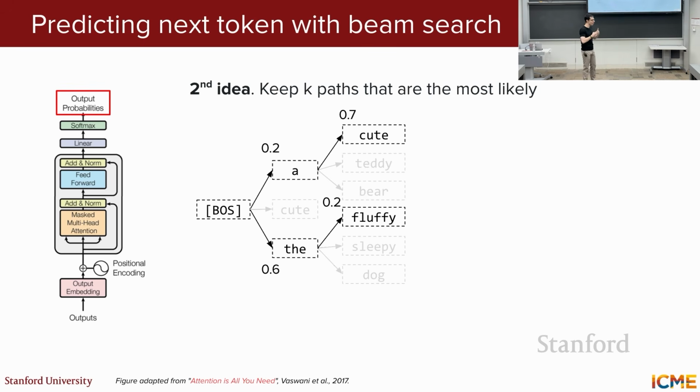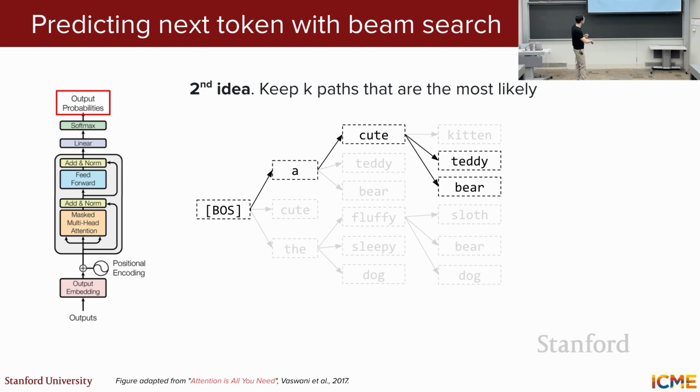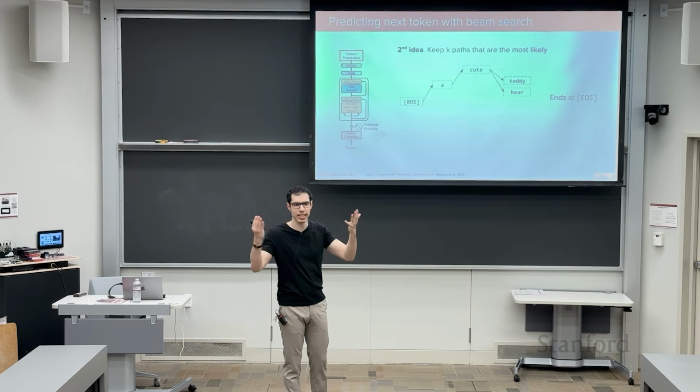It tries to have a more globally optimal solution. Let's suppose we continue that, and at the end of the day we obtain k potential choices, and then we pick the sequence with the highest probability.